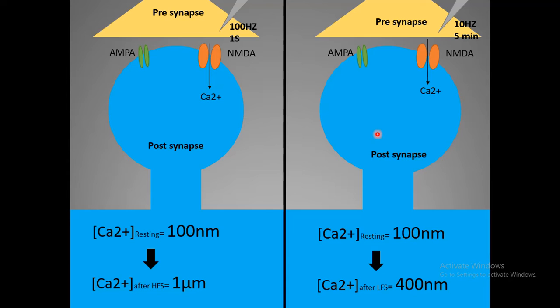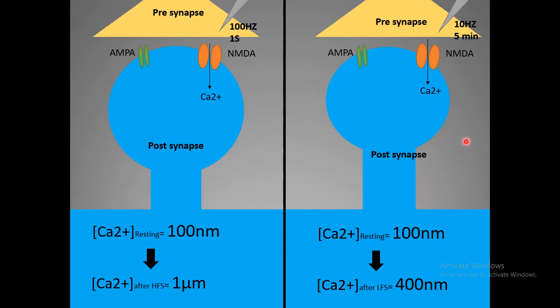A brief and high amount of calcium has different implications than a prolonged sustained level of calcium. So if you give a high frequency stimulation, you could have synaptic strengthening, whereas a low frequency stimulus can give rise to synaptic weakening, at both structural and functional levels.